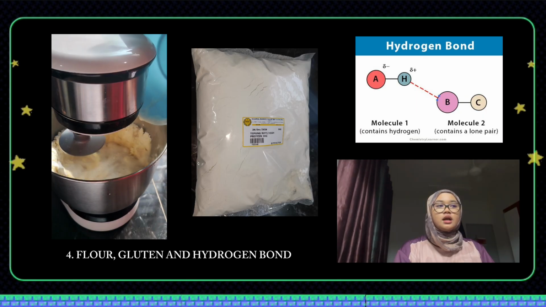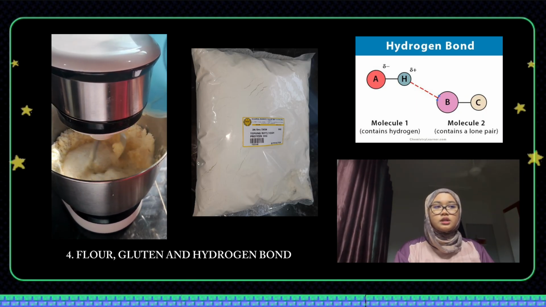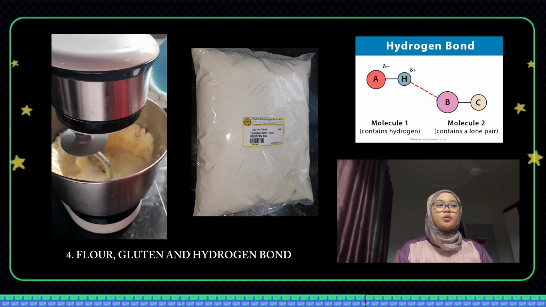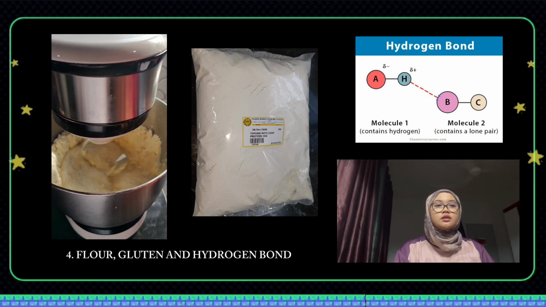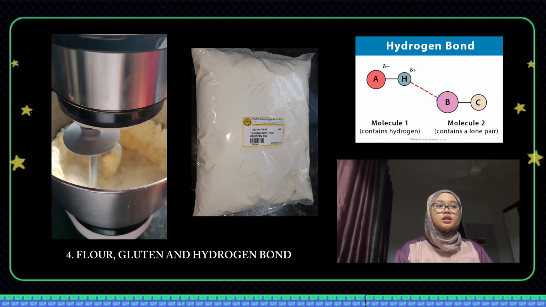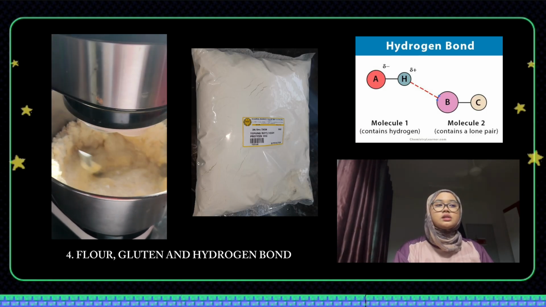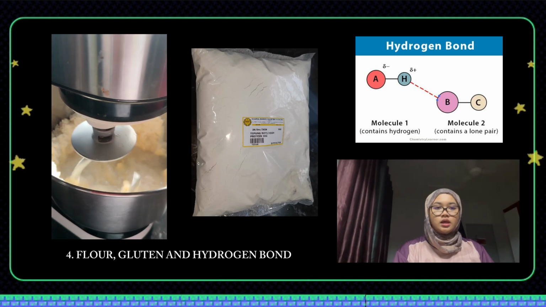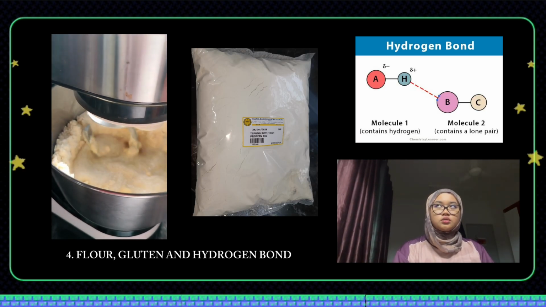The bonds involved in this process are hydrogen bonds and disulfide bonds between the proteins.